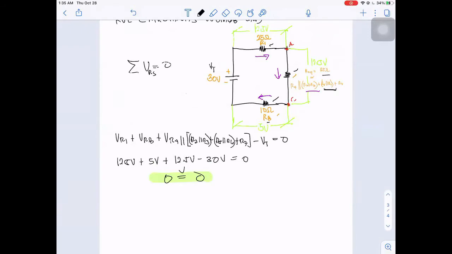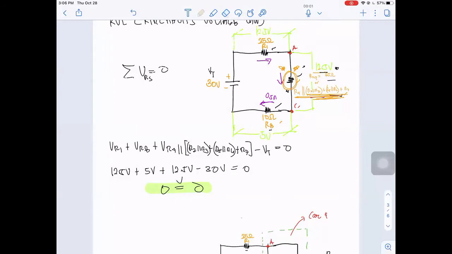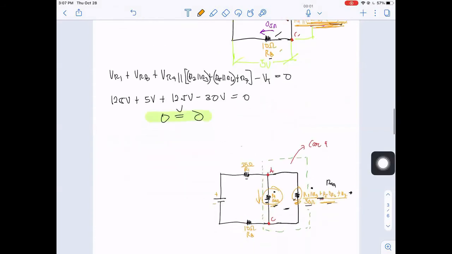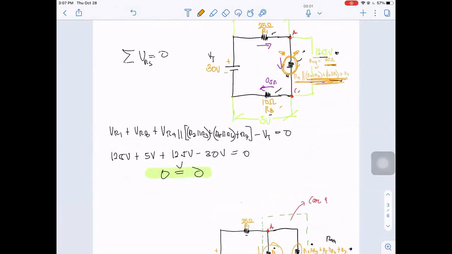So we have, since this is equivalent to 12.5 volts, we can compute the current across I4 or resistor 4 and the current across this equivalent resistance, which is equal to 25 ohms. Now, we already know that the voltage across the two resistors is 12.5 volts.